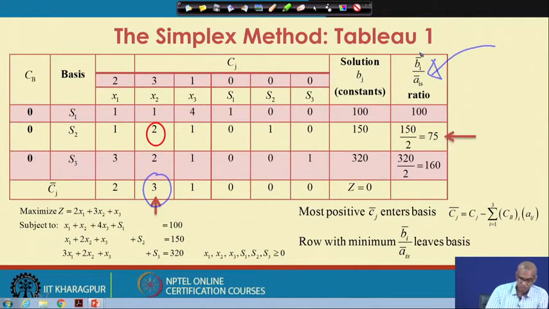So, what we do is, corresponding to non-basic variable column x2, we divide Bi bar by these coefficients.